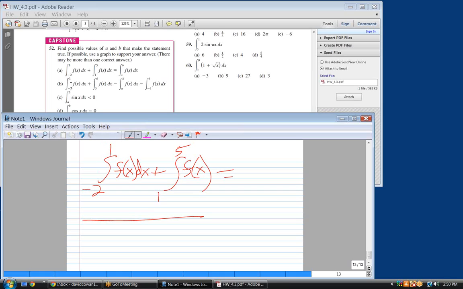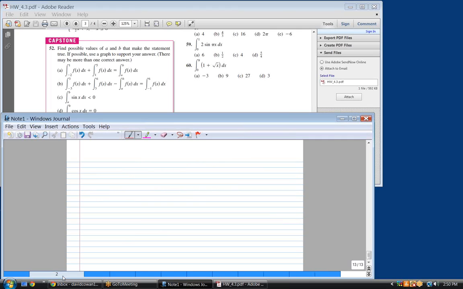Okay, B. It's a little trickier when you're subtracting. So the first two we can add together like that, and then for the subtracting, we don't want to lose any off the top, but we want to gain 2 more on the bottom.